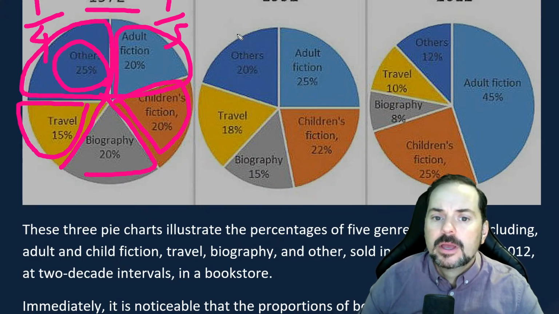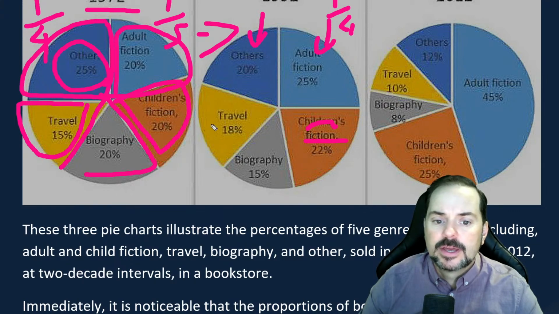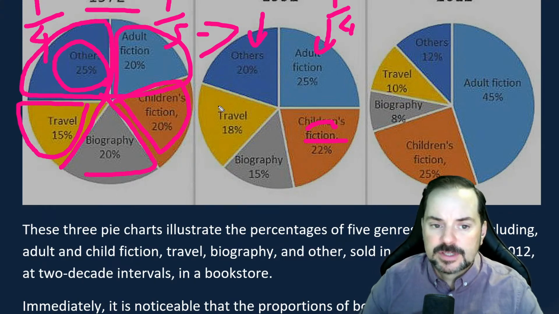And then moving to 1992, our comparison here: others made up a fifth, adult fiction made up a quarter, right? Children's fiction, kind of the same. And then biography and travel, kind of the same, slight differences.